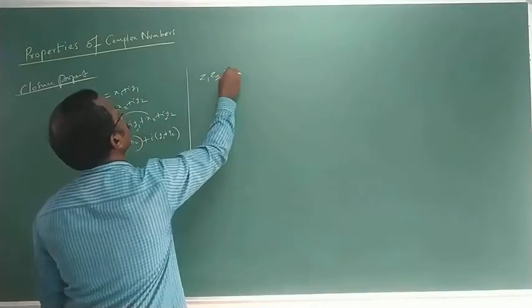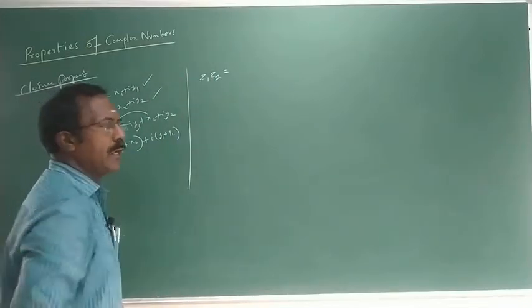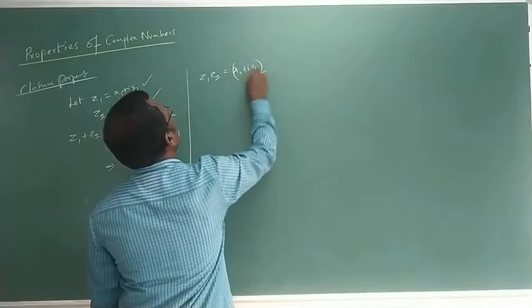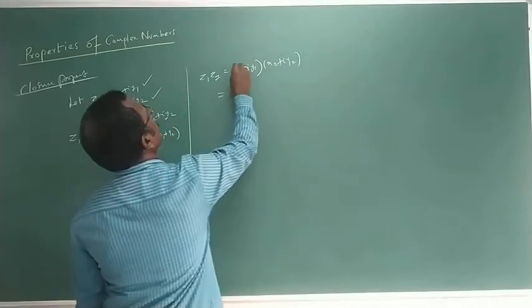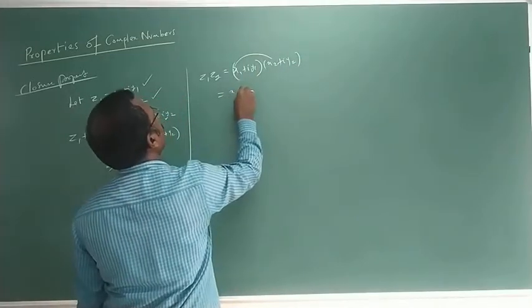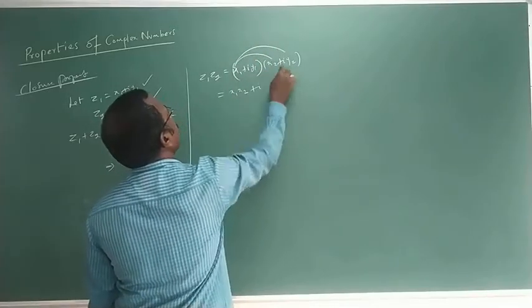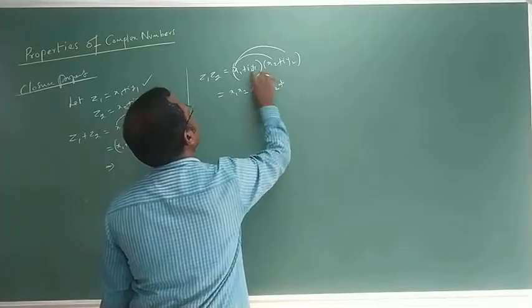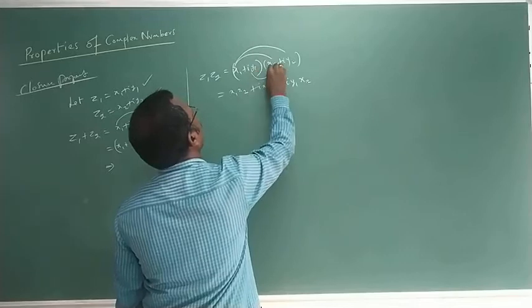z1 into z2. Similarly, take z1 as x1 plus iy1 and z2 as x2 plus iy2. Product: x1 plus i y1 times x2 plus i y2. Product of numbers: x1 x2, then x1 into i y2, that is i x1 y2, plus i y1 x2.